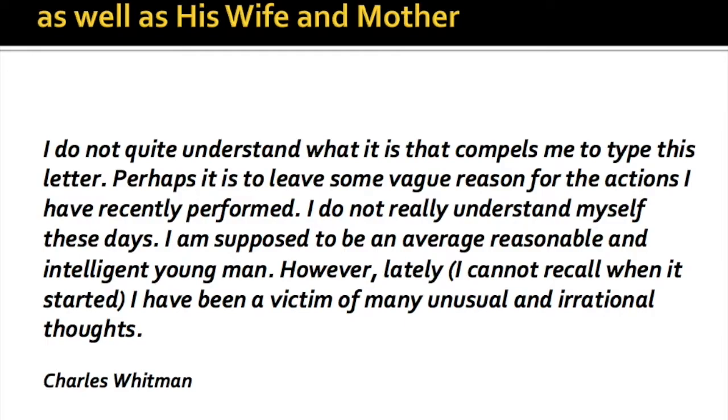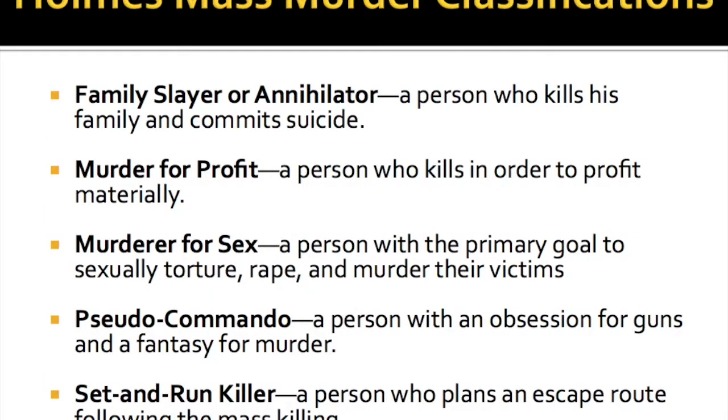If we look at Holmes in the textbook, the researcher that looked at the classifications of mass murder, he talks about the family slayer, okay, or the person who kills his family and commits suicide, murder for profit, murder for sex, pseudo commando, a person with an obsession for guns and a fantasy for murder, set and run killer, a person who plans an escape route following the mass killings.